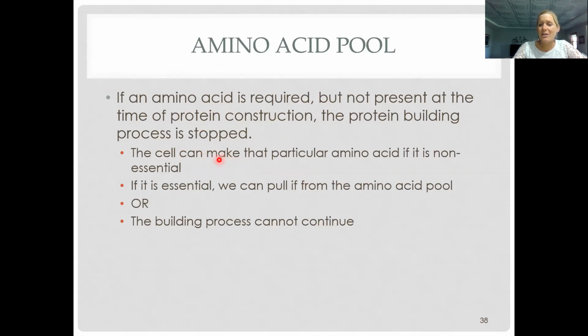Again, if it's non-essential, I can produce that or makeshift that molecule from something that I already have. If it is essential, we can pull it from the amino acid pool, which we said consisted of the blood, skeletal muscle, and liver. If the amino acid pool doesn't have it, then the building process cannot continue, and we have to wait to build that protein until we have that, which would come from a nutritional source.